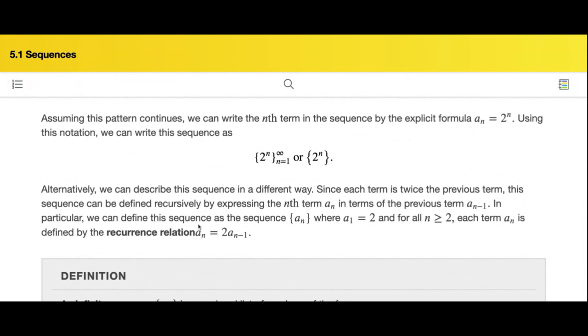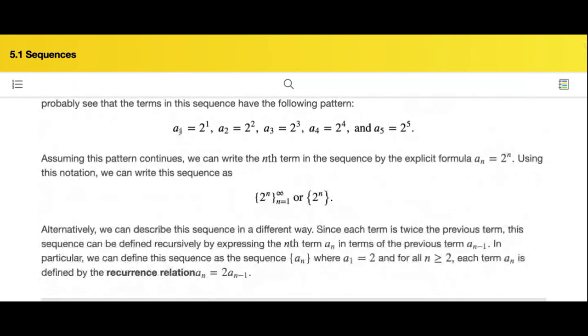In particular, we define this sequence as a set of a_n, where a1 equals 2, and for all n greater than or equal to 2, the following terms, starting from the second term, can be defined by a recurrence relation: a_n equals 2 times a_(n-1). You see this one? First one is 2, double 2 we get 4, double 4 we get 8, double 8 we get 16, double 16 we get 32, and so on and so forth.